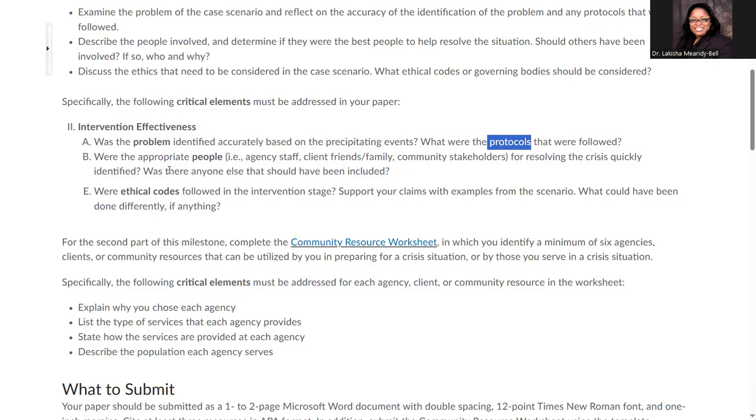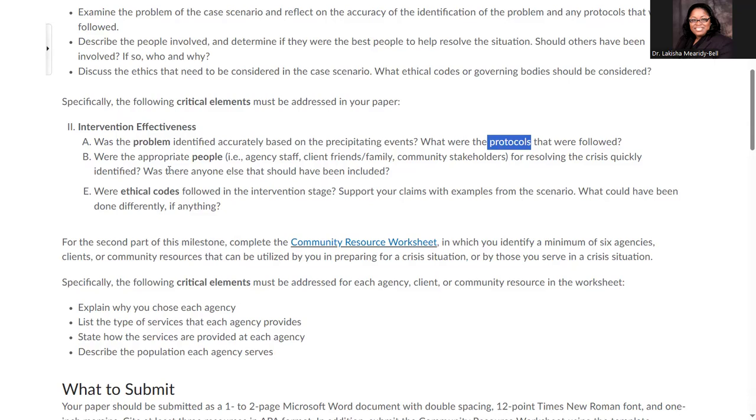And chapter 4 will give you great insight on the type of crisis or type of social problems that occur in the human service profession and who should be the most appropriate to be involved in resolving those crises or social problems quickly. So utilize your course text, go to the index, which is the back of the book, and look for keywords to help you find or research the appropriate response to make.